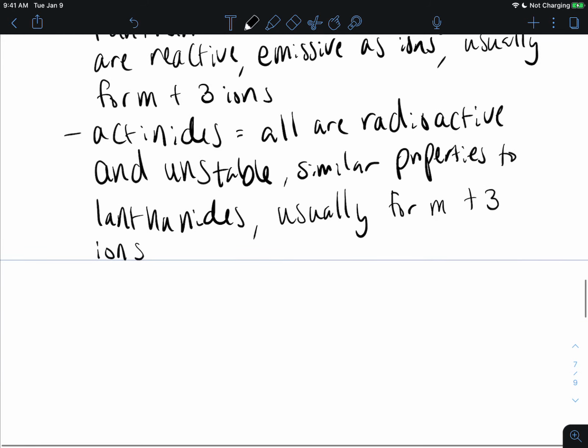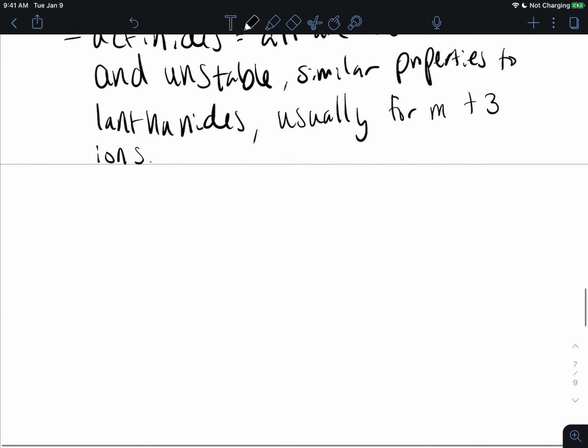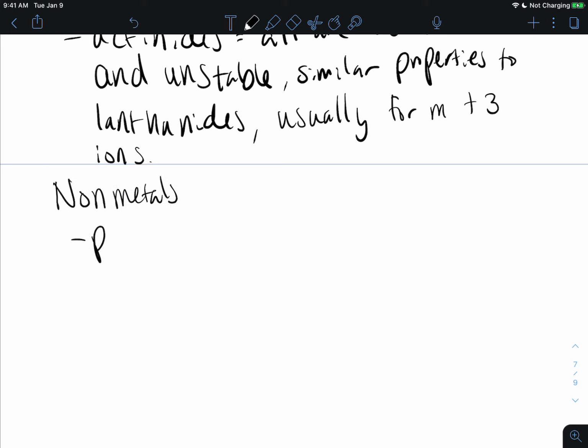Okay, let's look at a couple of our non-metal groups. We have our pnictogens, which I'm sure I'm pronouncing wrong. So the name comes from 5, and it has to do with a lot of the compounds that nitrogen forms. But we're not going to really focus on that.